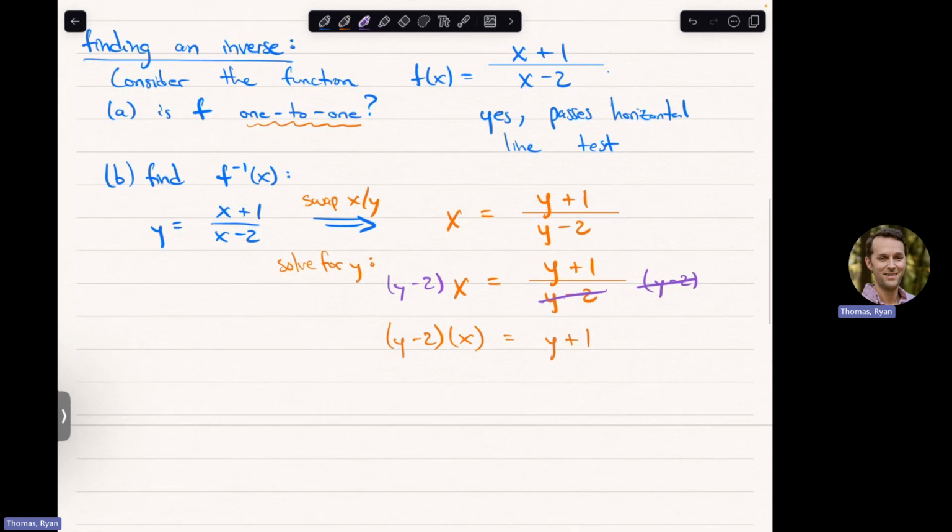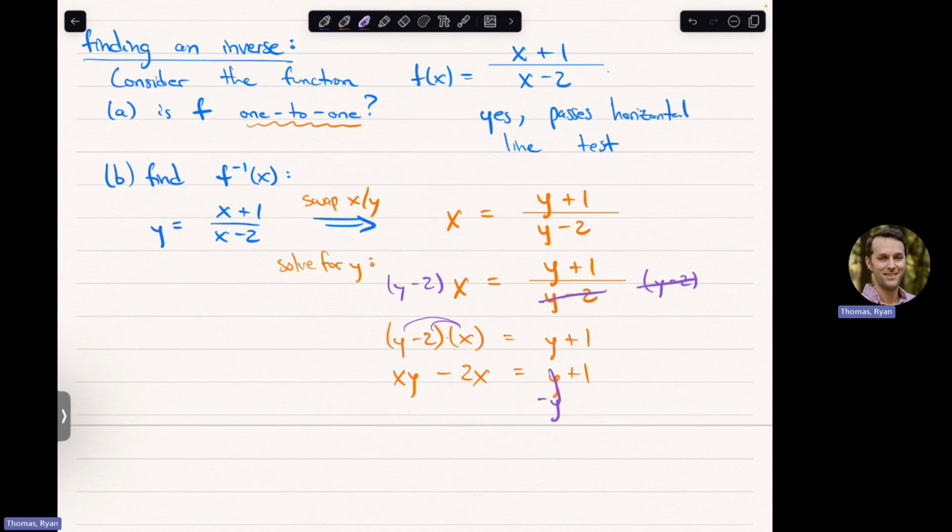Now again, what I want to do is solve for y. I've got y's on both sides of the equation now, so somehow I'm going to need to collect all the things with a y to one side and get everything else to the other. Because of this multiplication here, I'm going to distribute. So xy minus 2x equals y plus 1. And then I'm going to get all the y terms to one side and everything else to the other.